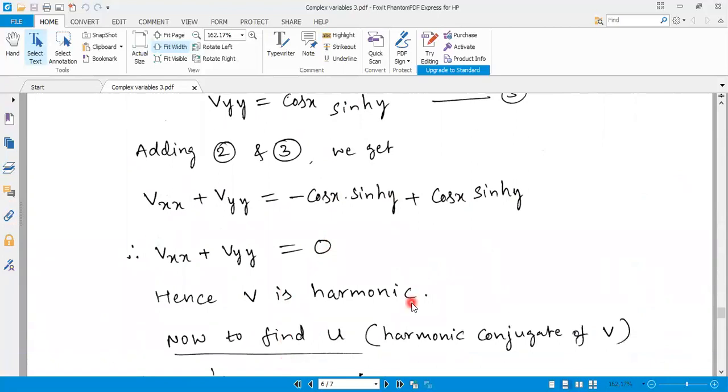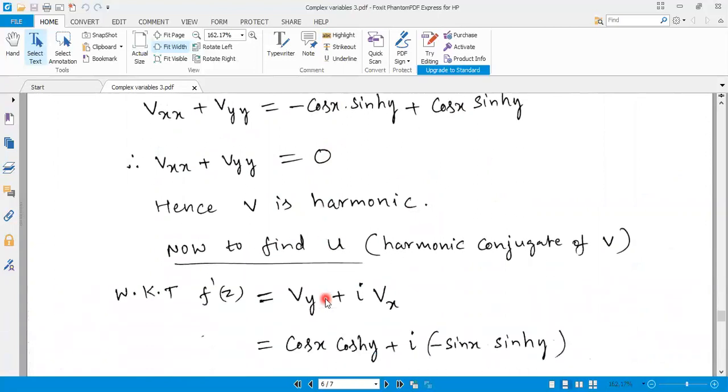Now to find the harmonic conjugate of v, first we have to construct the analytic function. Then you can find its harmonic conjugate by using the relation f dash z equals vy plus i vx. Substitute vx and vy.